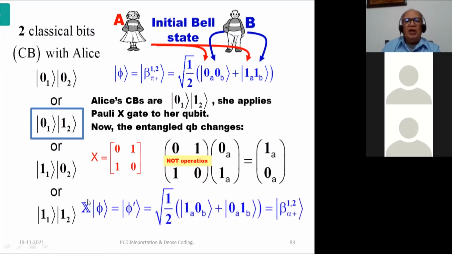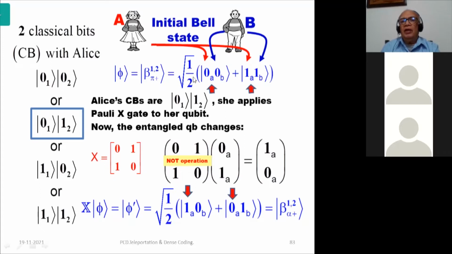And as an application of the Pauli NOT gate on the original qubit, if the Pauli NOT gate is operated on this vector, you get a new vector in which Alice's 0 will go to 1 and Alice's 1 will go to 0.